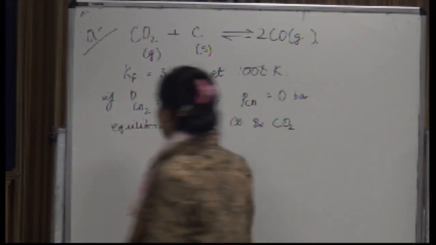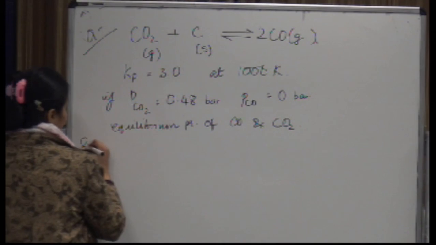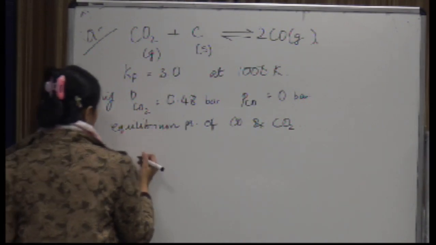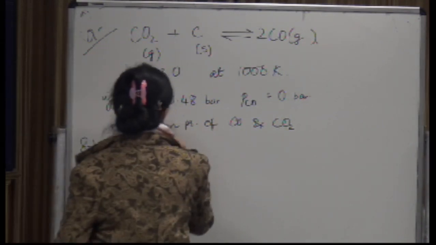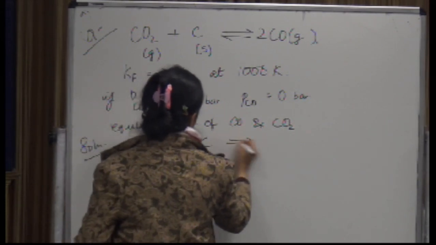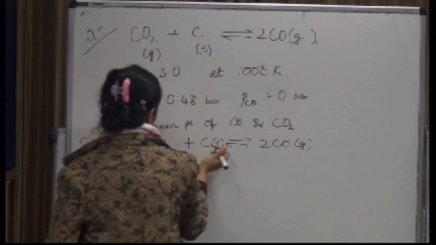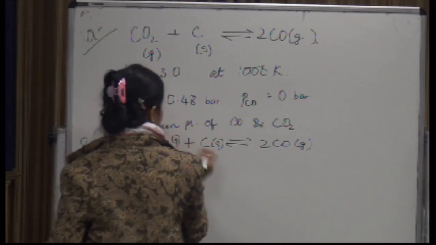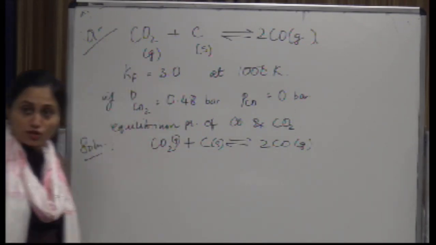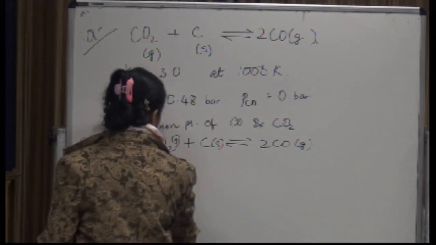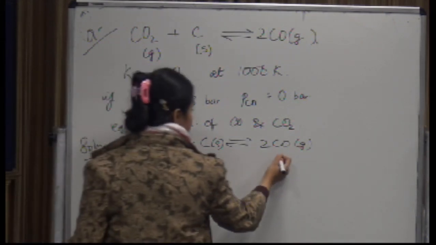Alright, so in this case, for the solution, you write down the reaction again, that will be CO2 plus C giving you 2CO gas. This is your solid and graphite is present in the pure form, means that this will not be considered in the expression. So here you have the initial pressure as 0.48 and this is 0.